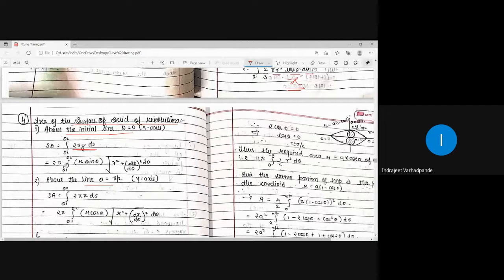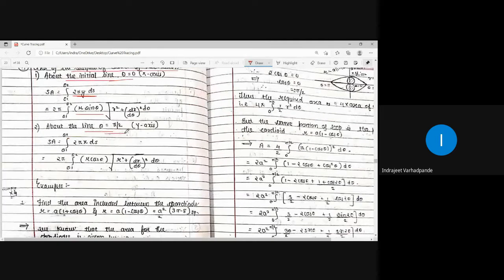So surface area is 2 pi multiplied by integral theta 1 to theta 2 of r sine theta under root of r square plus dr by d theta whole square d theta. About the line theta is equal to pi by 2, it is 2 pi outside, integral theta 1 to theta 2 of r cos theta under root of r square plus dr by d theta whole square d theta.